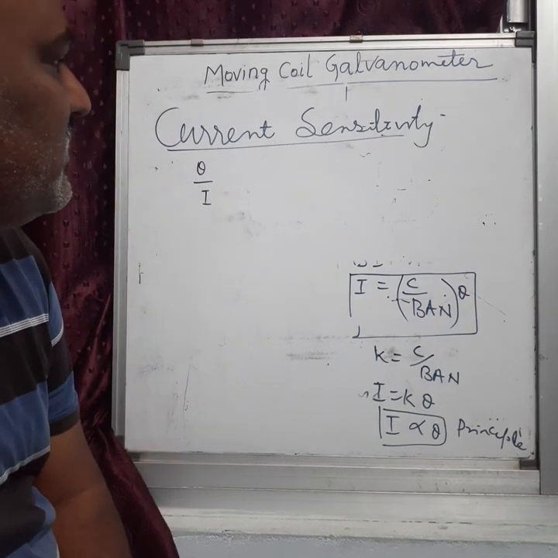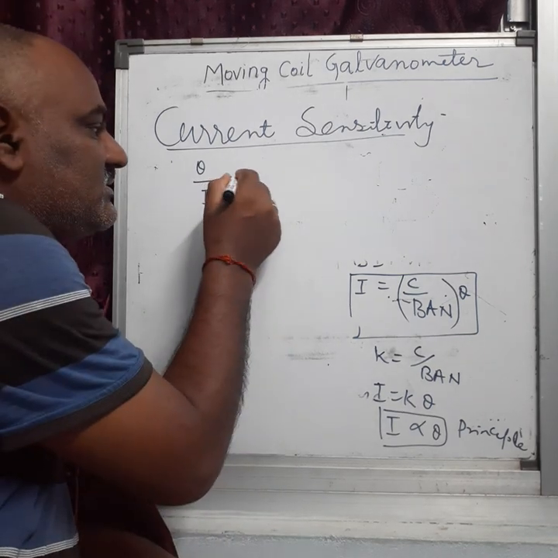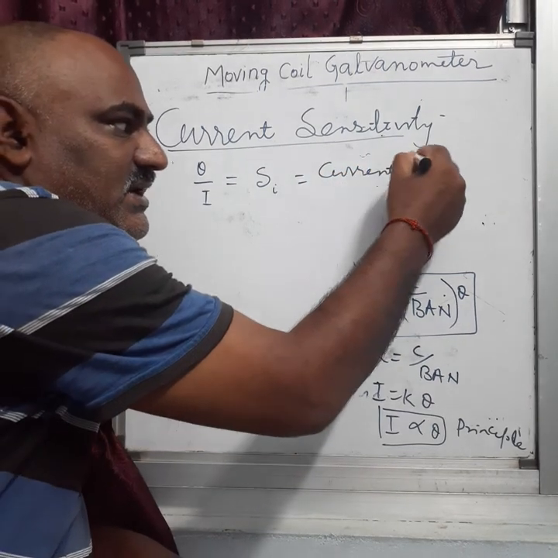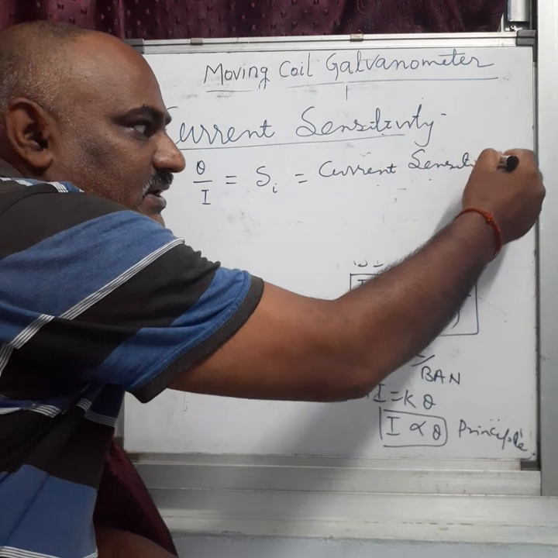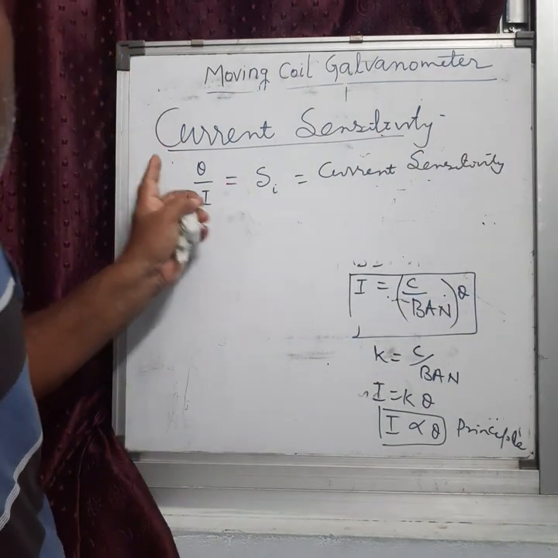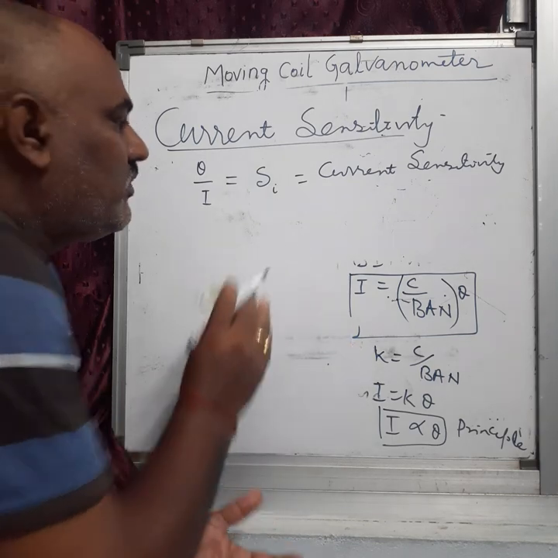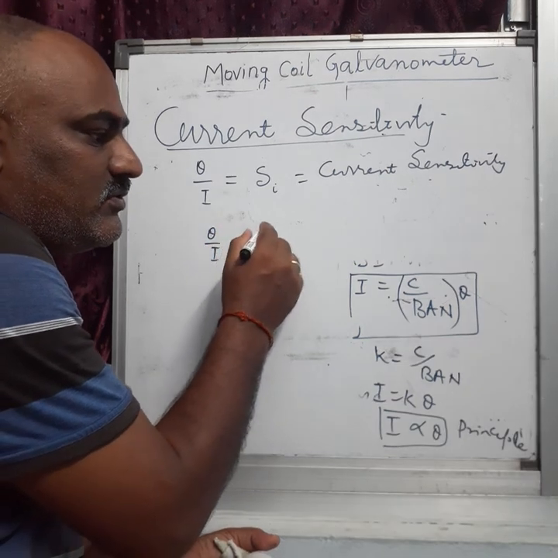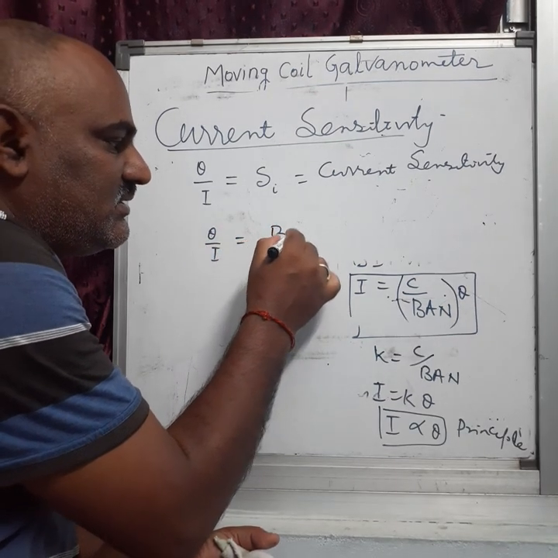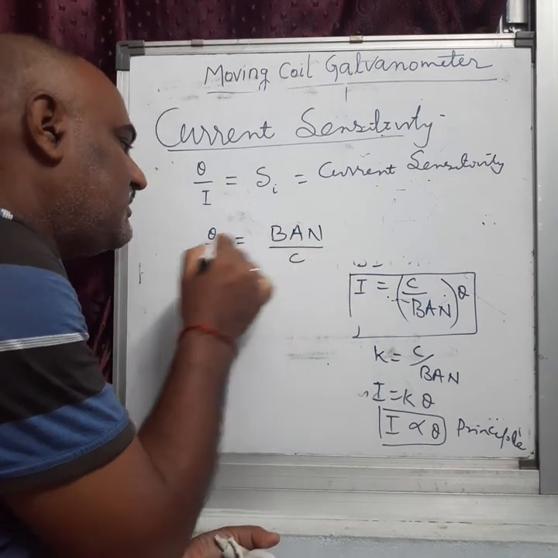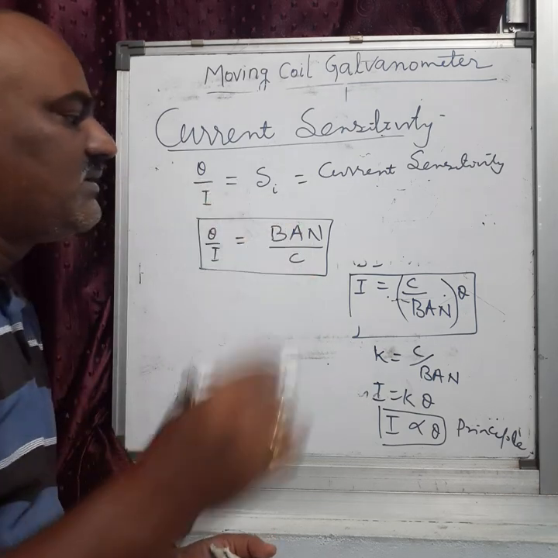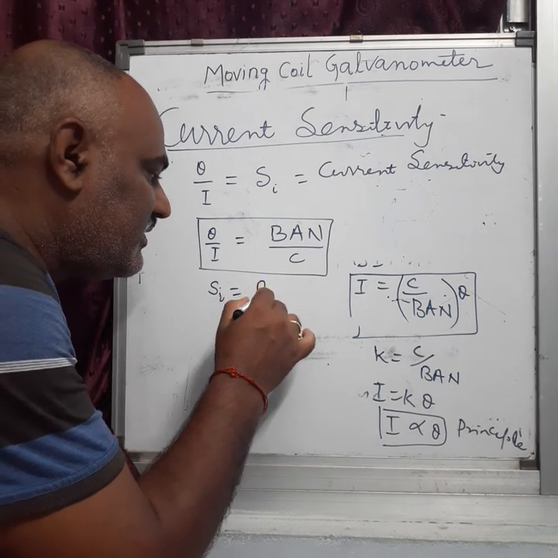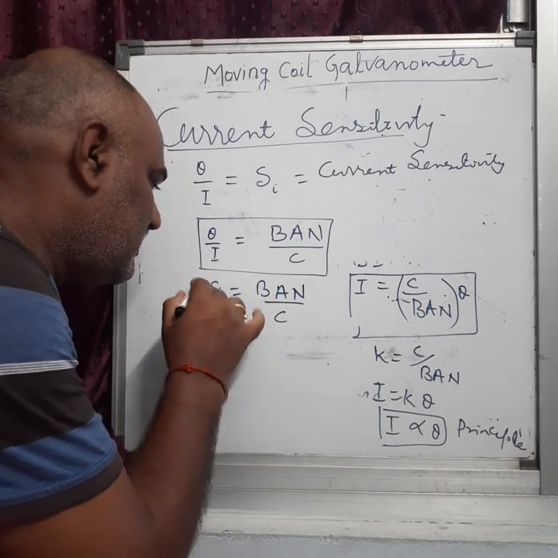Current sensitivity is denoted by SI, and SI is equal to theta upon I. Now you can write theta upon I from here: current sensitivity is equal to BINA by C. Theta upon I is called the current sensitivity, and generally you write SI as BINA by C.